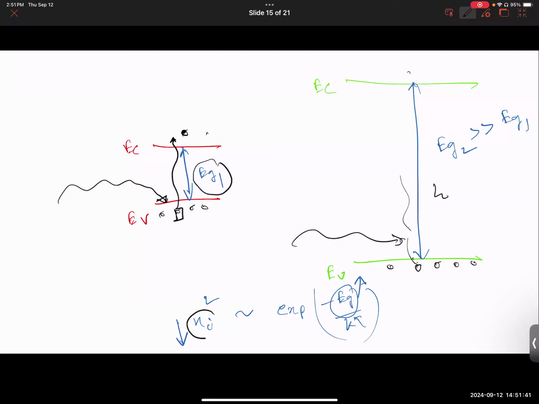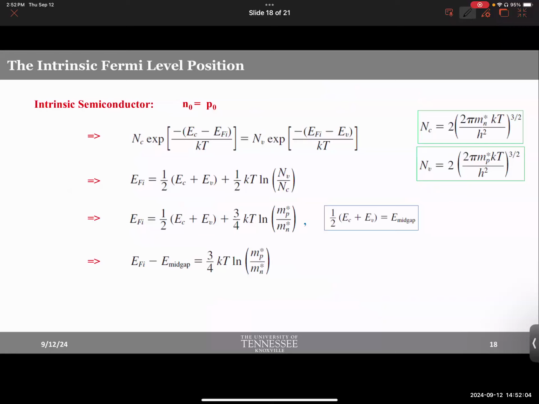So that's why the intrinsic carrier concentration will definitely reduce. Only a few incoming energy sources will be able to excite the electrons enough to push them to the conduction band all the way. So this is the signature of an insulator. The insulator will be more or less similar to a semiconductor. The only difference is the band gap is much higher. So the concept remains kind of the same.